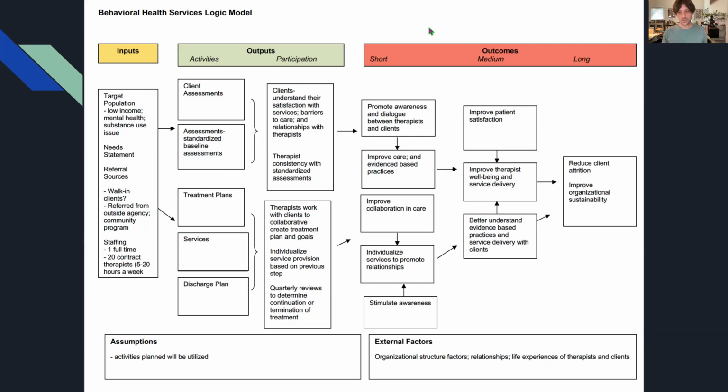Again, relationships in the organizational structure, life experiences of clients that they're dealing with, are all an array of external factors that influence the logic model. And the assumption is that what we've laid out in these activities and this participation, that these will be utilized and can actually make sustained improvements.